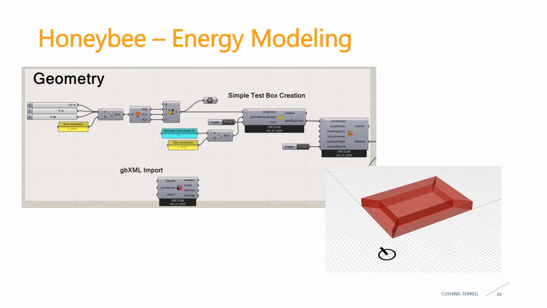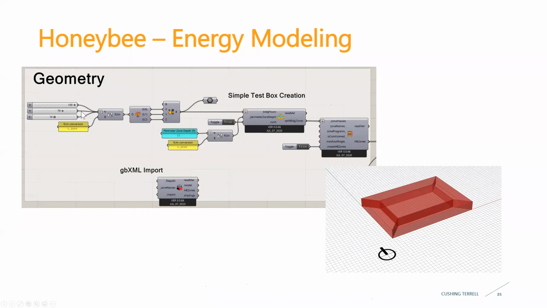Otherwise, if it's simple enough, you can just create the geometry in Grasshopper. For this example, I just created a simple test box. Just gave it length and width and height over here. And I did this in feet. Everything is in metric, so you have to make sure you convert between the two if you're wanting to input something from English units to metric.